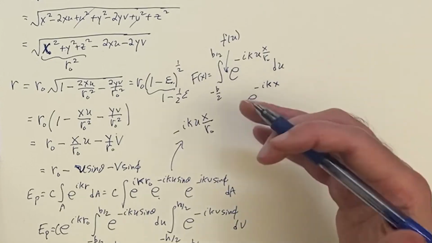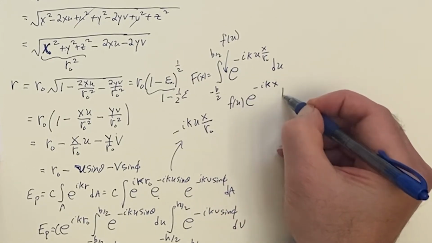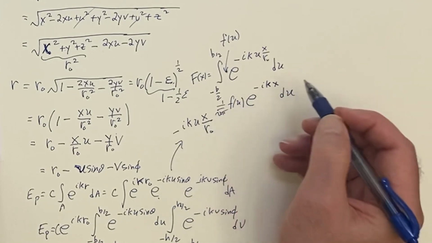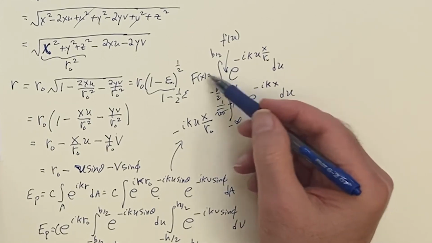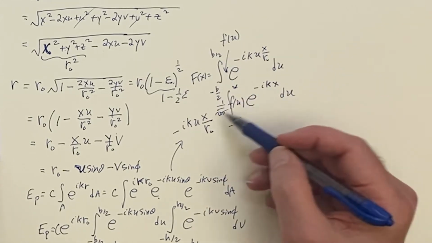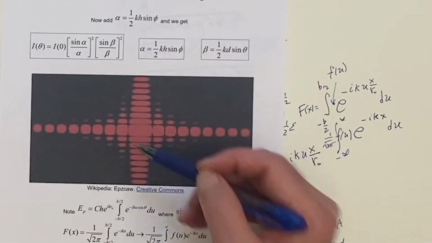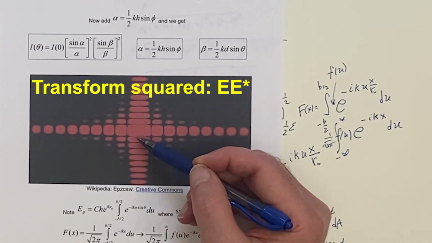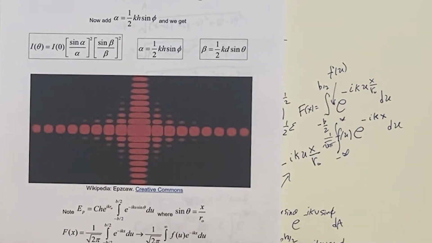Well, the formula for the Fourier transform has f of u here, and this is du, and I could even put a 1 over square root of 2 pi in there, and then do the integral from minus infinity to plus infinity because the source would be 0 there. So this is the Fourier transform. This is amazing: what you see is the Fourier transform of a constant function, a rectangle. And we saw the Fourier transform of the rectangle, the pulse.